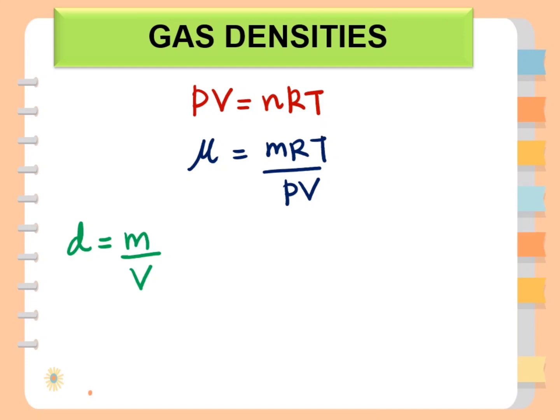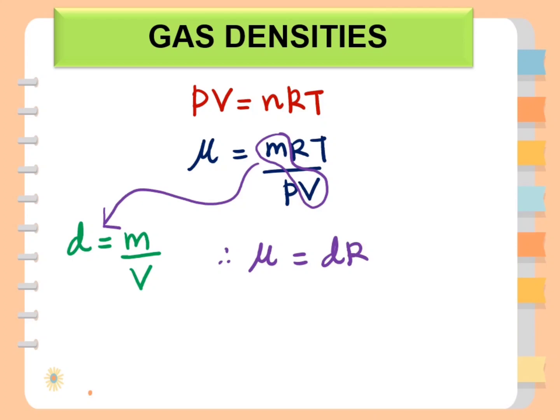So now guys, kita akan simplify this formula, become a new formula di mana mass over volume here refer to the density of gas. So you akan dapat formula baru di mana molar mass equal to density RT over P. So kita ada 3 formula that relate with the ideal gas equation. So you boleh guna 3 formula ni bergantung kepada soalan atau maklumat yang diberi dalam soalan.